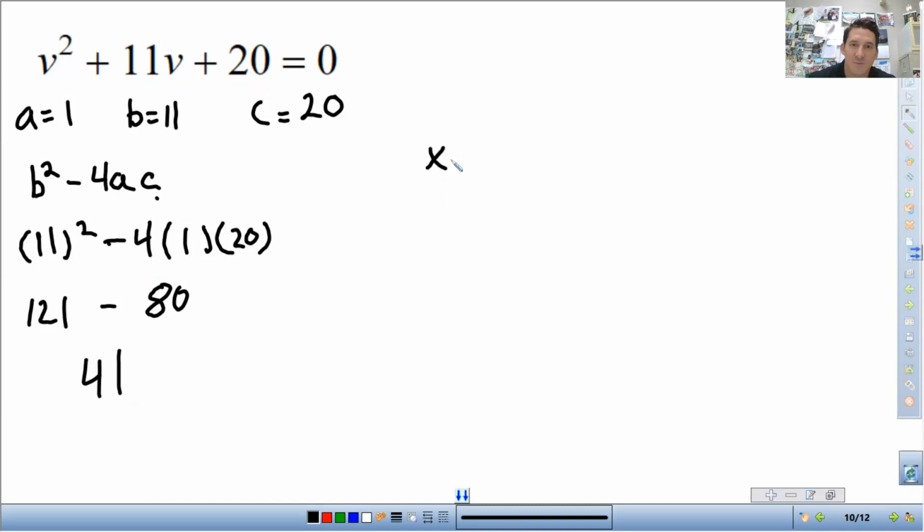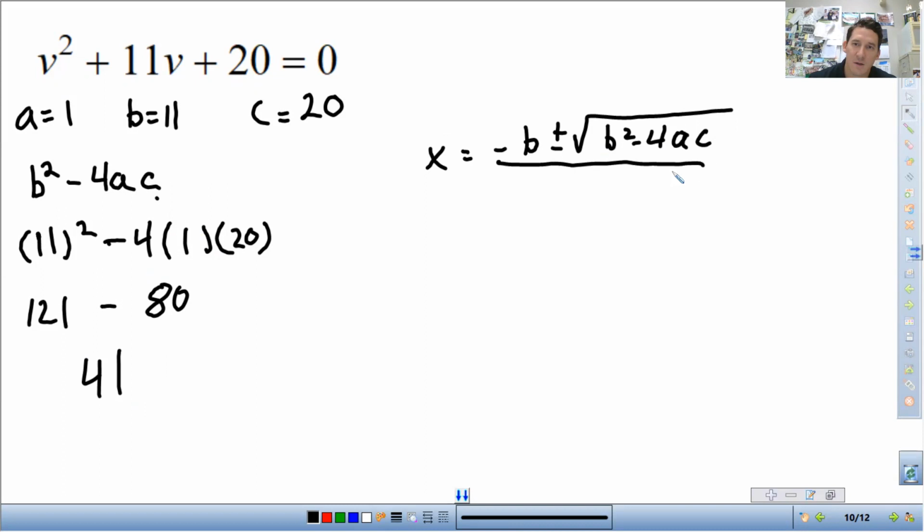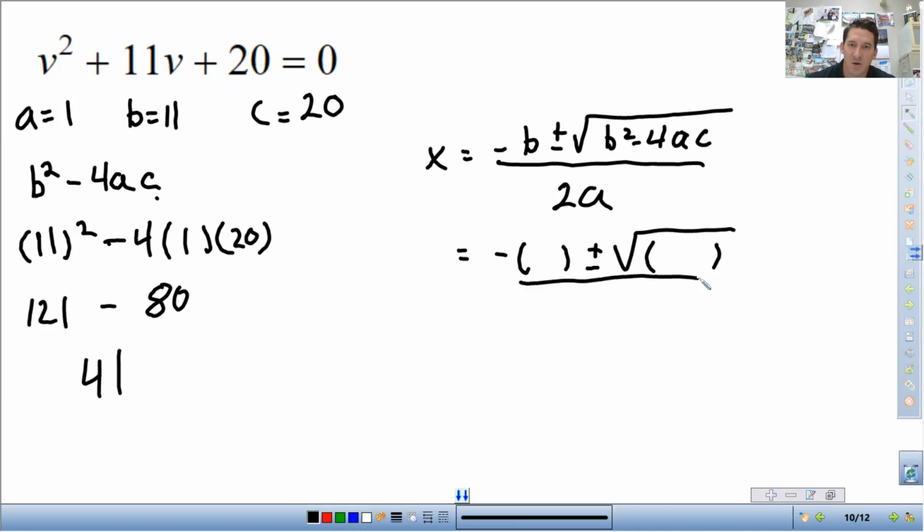So next I'm going to use quadratic formula. X equals -b plus or minus the square root of b squared minus 4ac all over 2a. So -b plus or minus the discriminant is all I need to put in there, all over 2 times a.